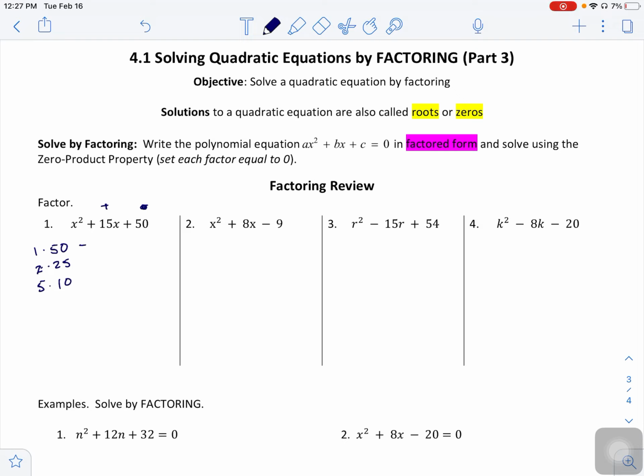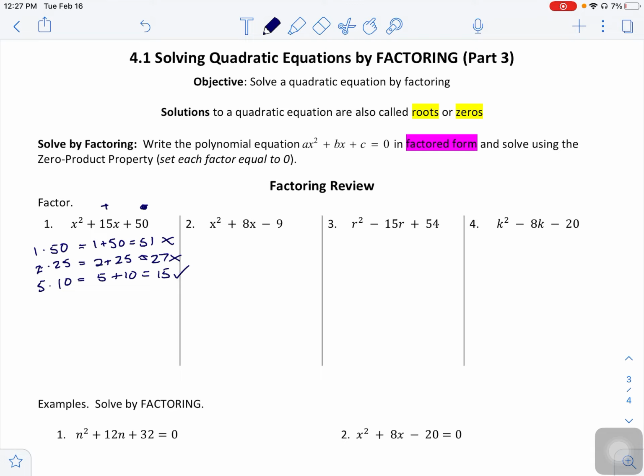If we add those, 1 plus 50 equals 51, so that won't work. 2 plus 25 equals 27, that doesn't work. But 5 plus 10 is equal to 15.